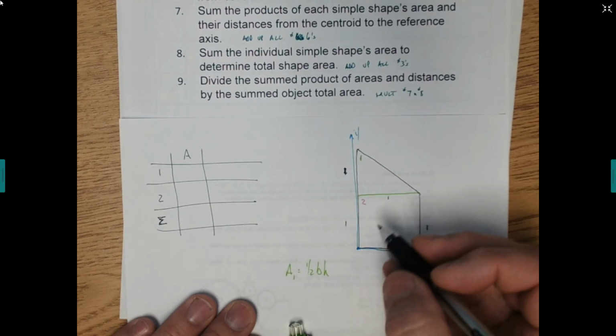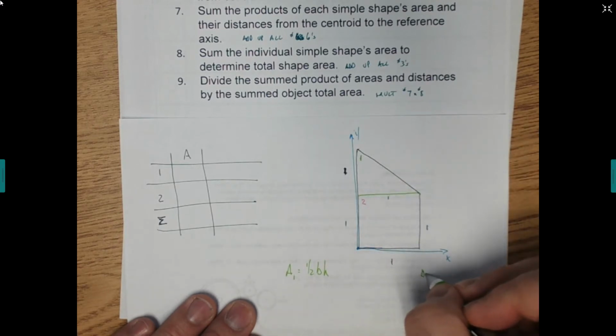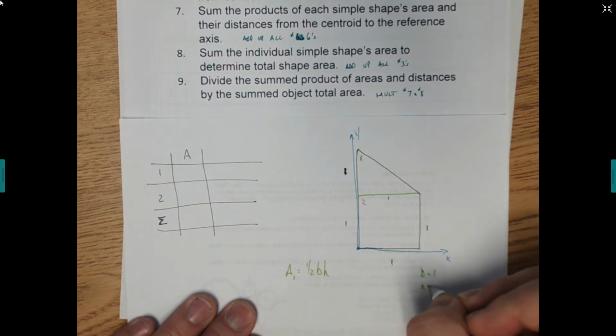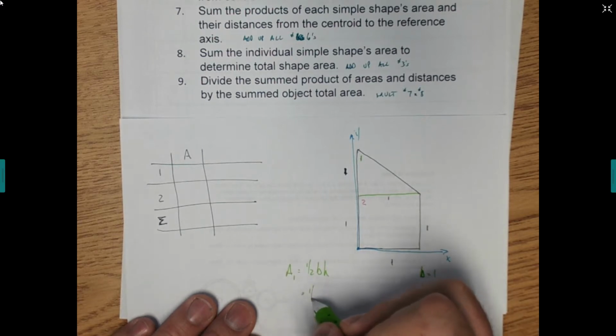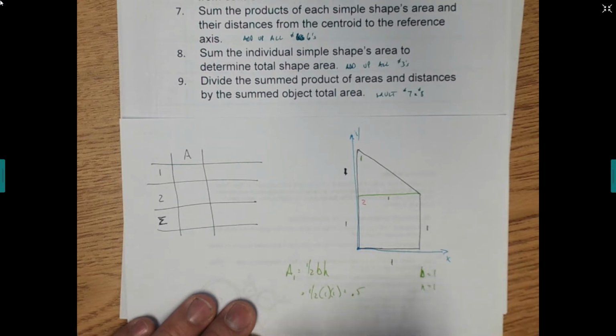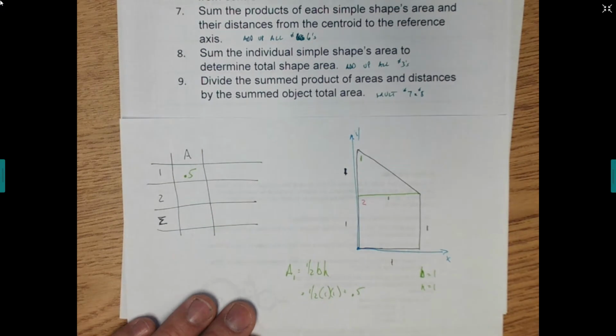So my base up here is equal to 1, and my height is equal to 1 on my triangle. So we're just going to do 1/2 times 1 times 1, which is just 1/2, or 0.5. So that's what we're going to put up here, 0.5. I'm going to leave off units for this. It could be inches, feet, we don't care.